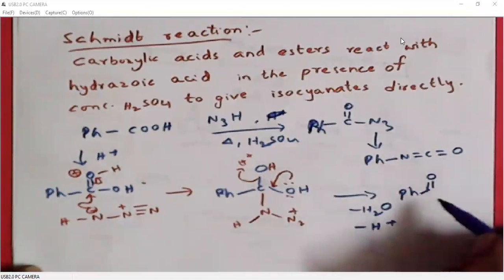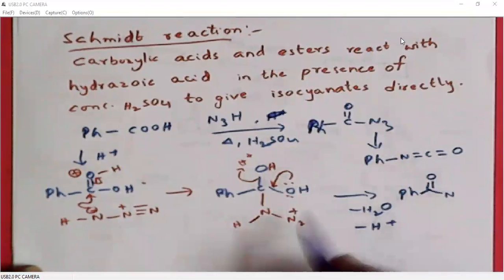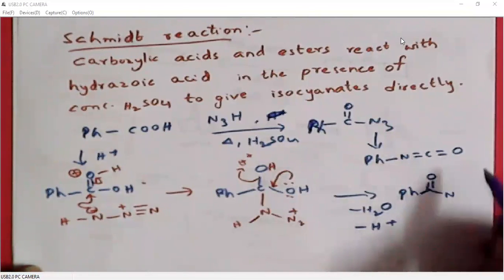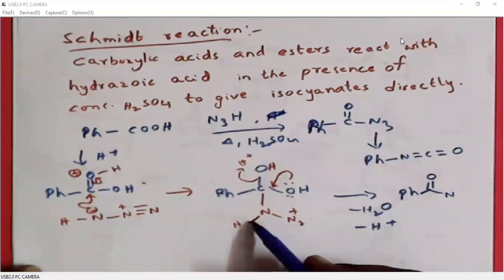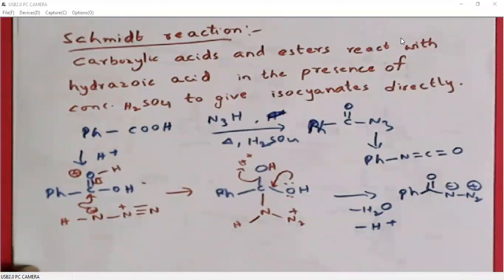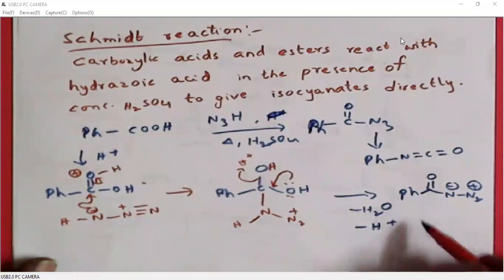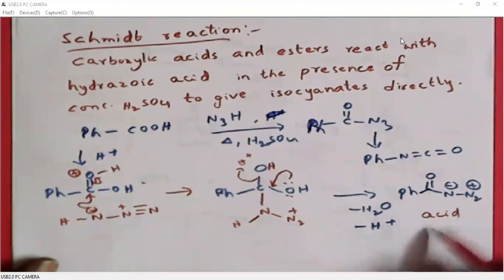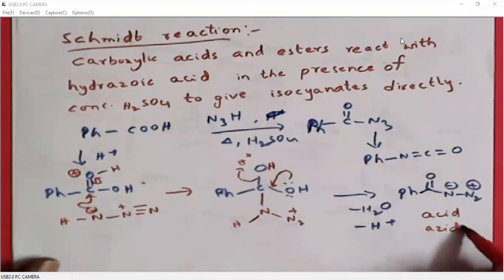So we are generating the carbonyl group again. After loss of proton from this nitrogen, we are generating N minus, and of course N2 plus is there, right? So this is what is called acid azide.